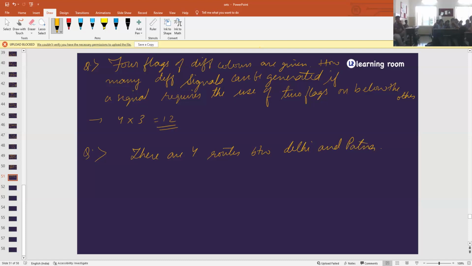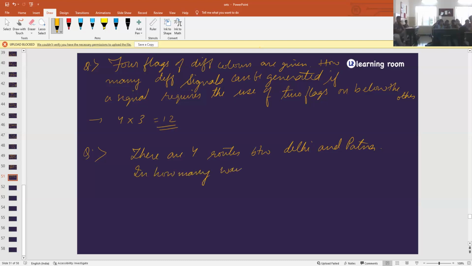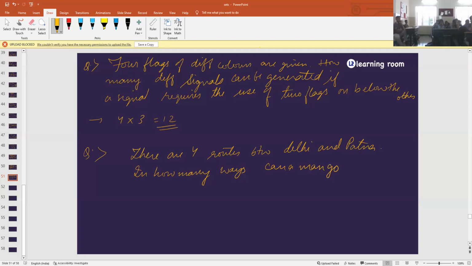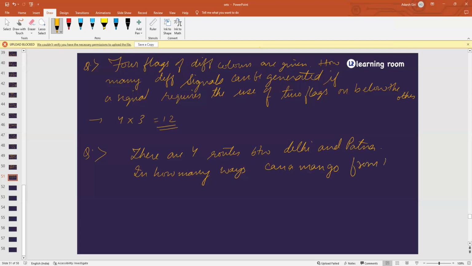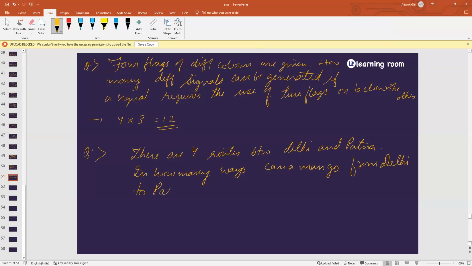In how many different ways can a man go from Delhi to Patna?